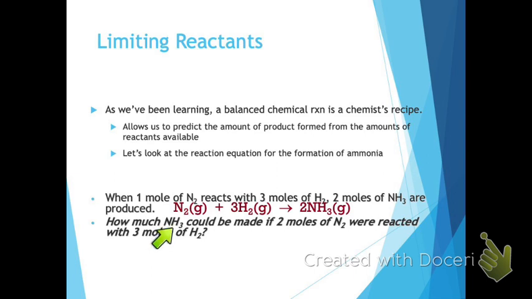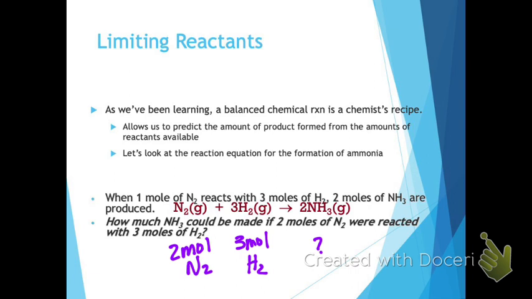So how much ammonia could be formed if we reacted 2 moles of N2 with 3 moles of H2? The equation calls for this, but let's say I started with 2 moles of N2 and 3 moles of H2. How many moles of my product could I form? You don't have to do the math necessarily.